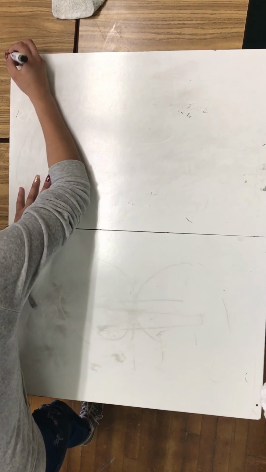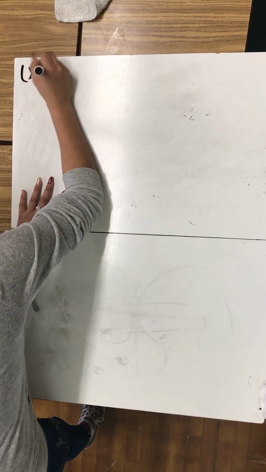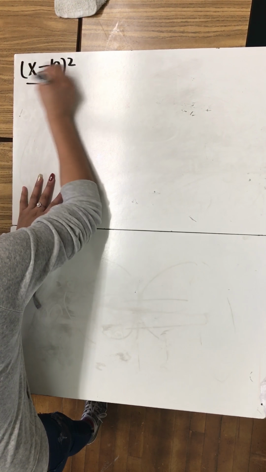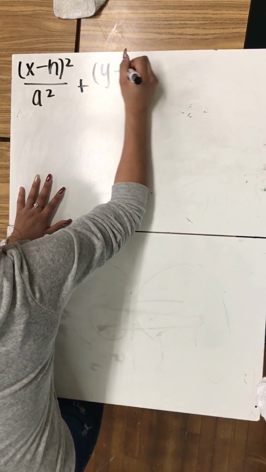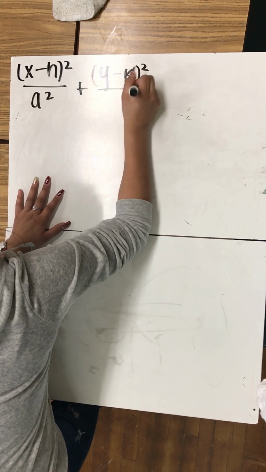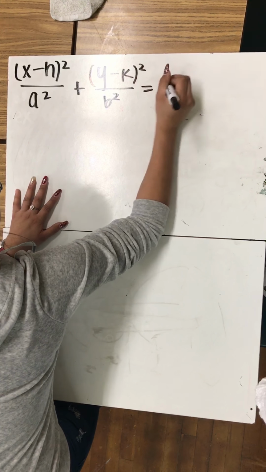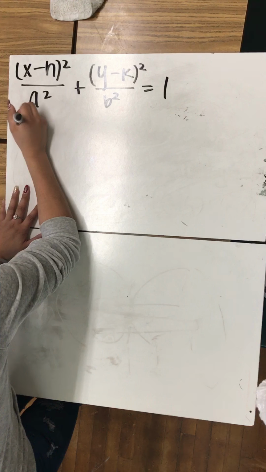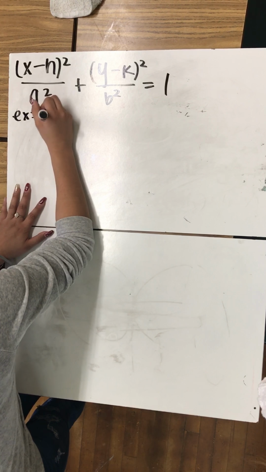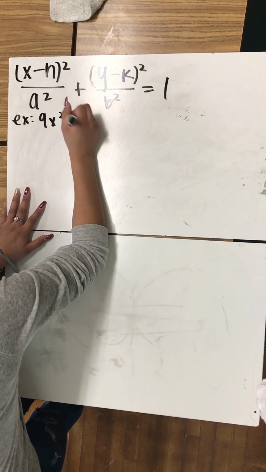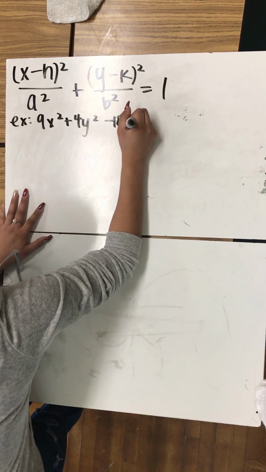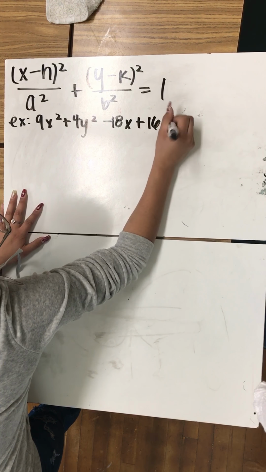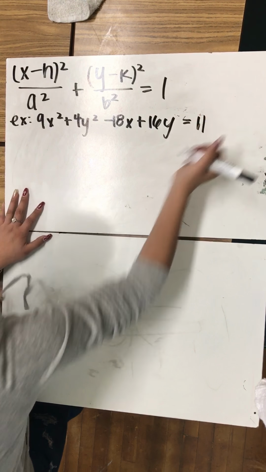So the equation for an ellipse is (x minus h) squared over a squared plus (y minus k) squared over b squared equals 1. And in the example problem that we have, it says that 9x squared plus 4y squared minus 18x plus 16y equals 11.